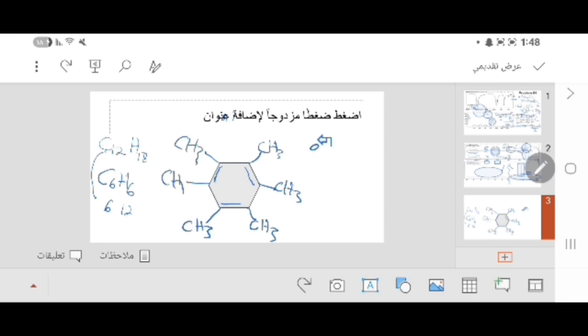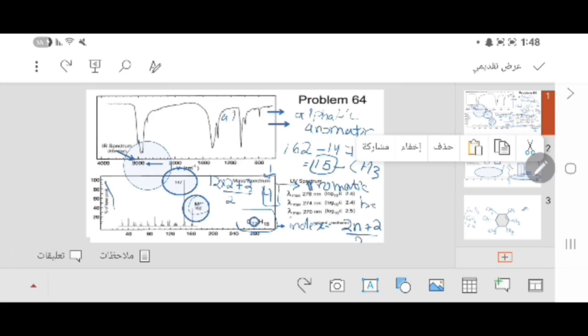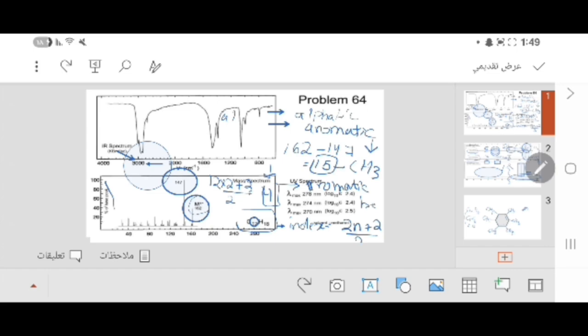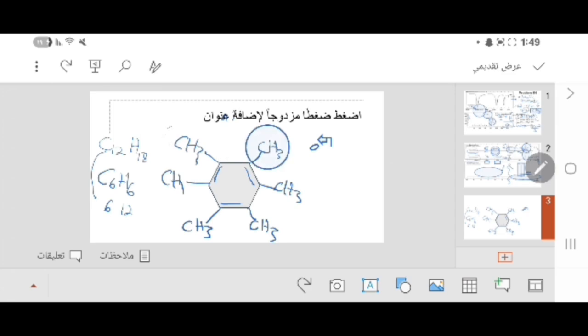Okay, let's confirm that the shape of the drawing of this molecule is correct. Let's go from the first. The IR, as we already said, shows aliphatic and aromatic, which is the benzene and the CH3, okay? From the mass, the cut happens at the CH3, and we already have a CH3 here on the compound.